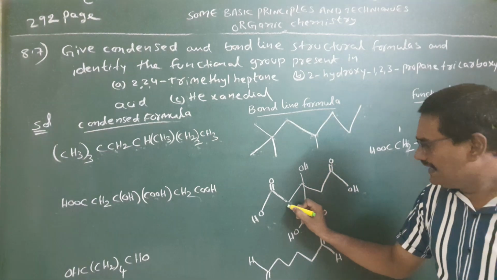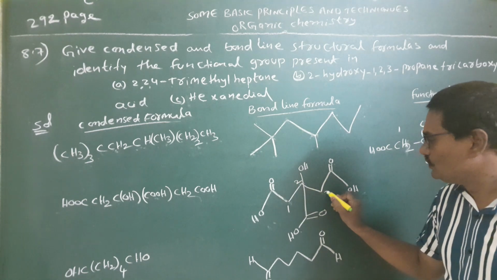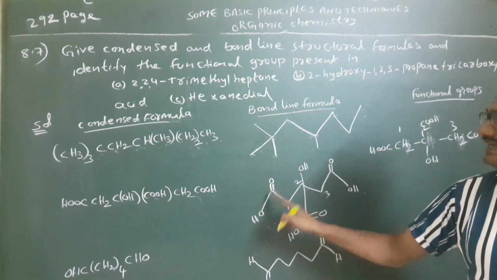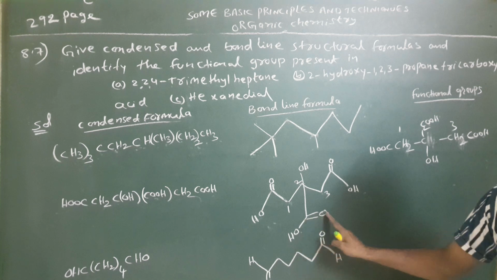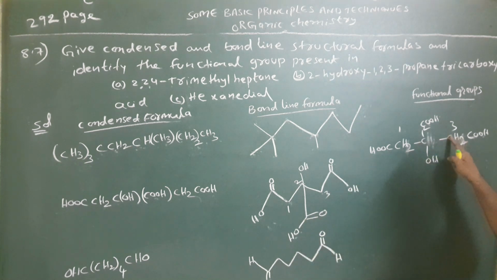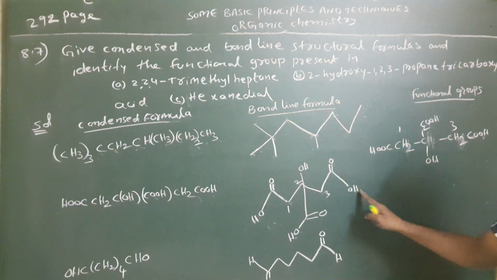Again, it is 1, 2, 3: the first carbon contains COOH, the second carbon contains OH and COOH, the third carbon contains COOH. It is the bond line formula.